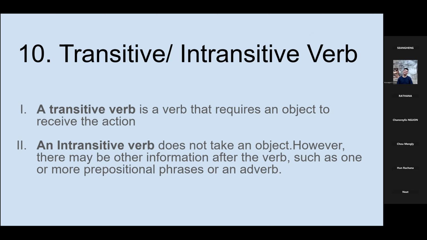A transitive verb is a verb that requires an object to receive the action. An intransitive verb does not take an object. However, there may be other information after the verb, such as one or more prepositional phrases or an adverb.